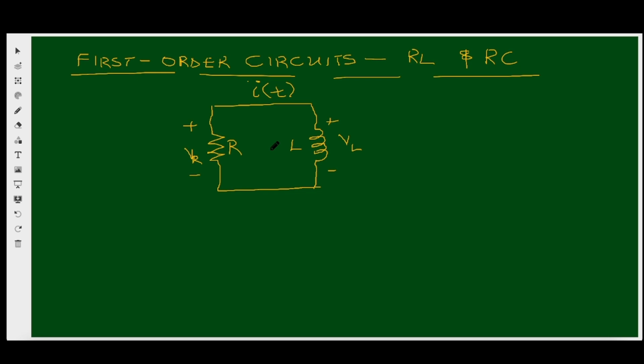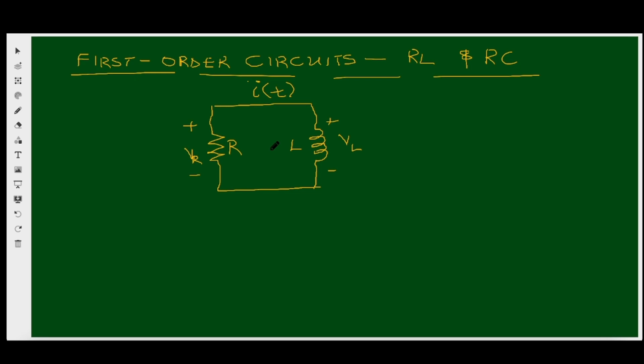In the next video after this one, I will talk about RC circuits, that is, circuits containing resistors and capacitors only. Under RL circuits, I'll talk about source-free RL circuits, that is, circuits that do not have a source, a circuit that is not driven or forced, that doesn't have a voltage source or a current source.